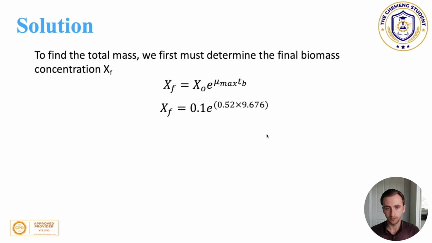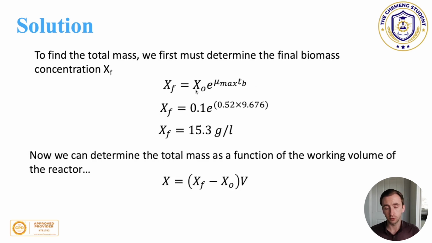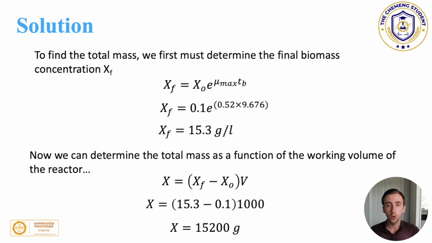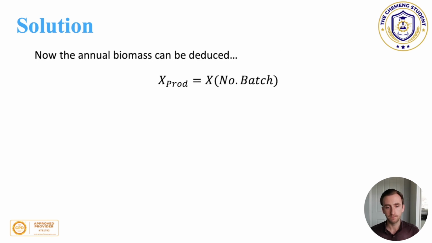So now the final thing that we need before we work out the annual biomass is the final biomass concentration. And we do this using the batch time exponential equation. So we have our mu max, we have our batch time, we have our initial concentration, so we can get a final concentration of 15.3 grams per litre. So now we can determine the total mass as a function of the working volume, which will give us 15,200 grams.